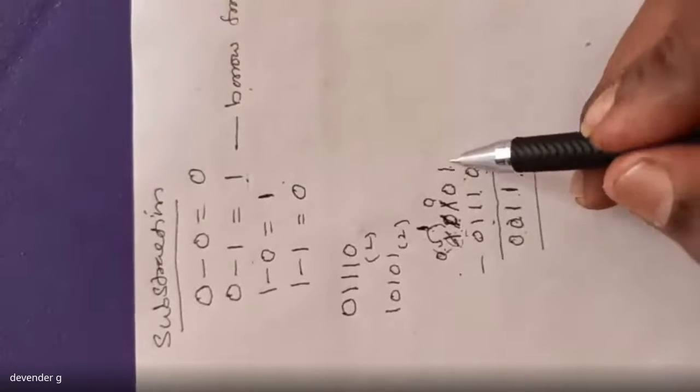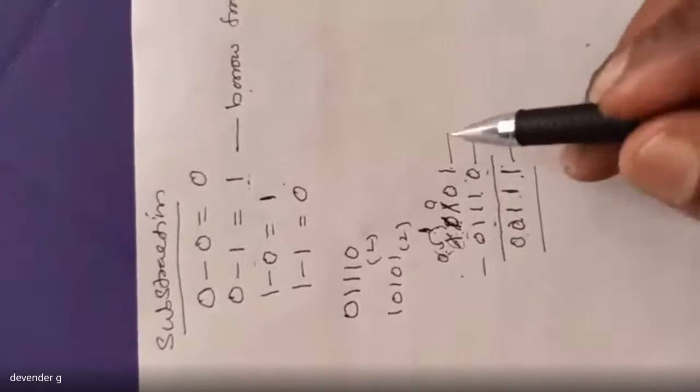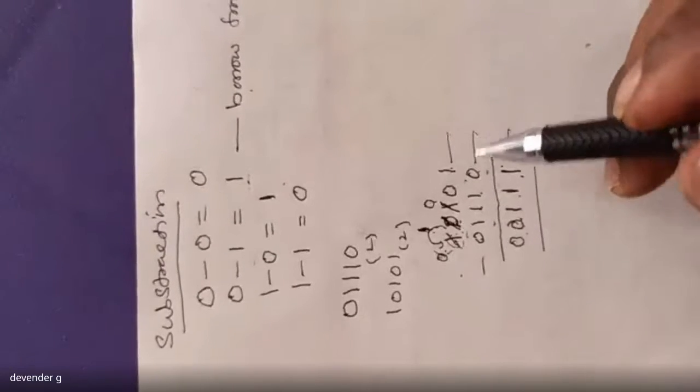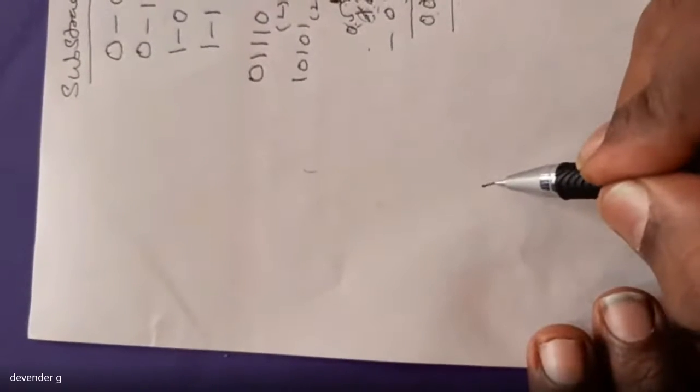Now we'll convert these and decode what each number is, then cross verify with our mathematical operation. So what is the number over here? I got 10101.